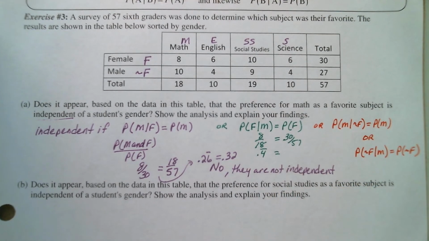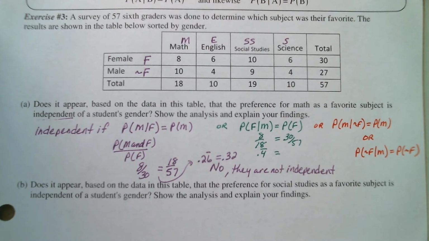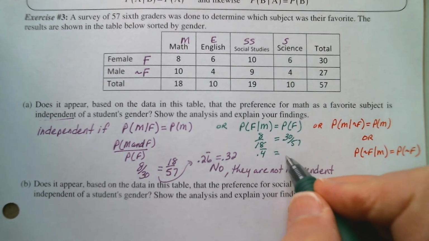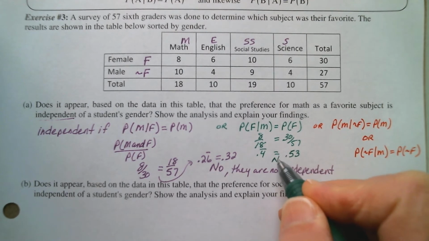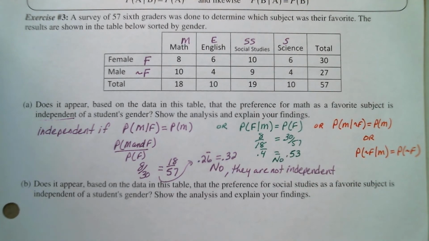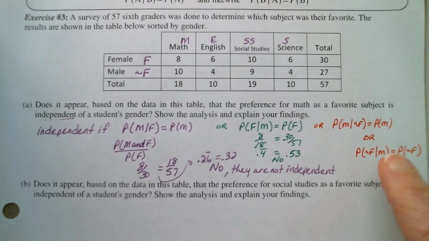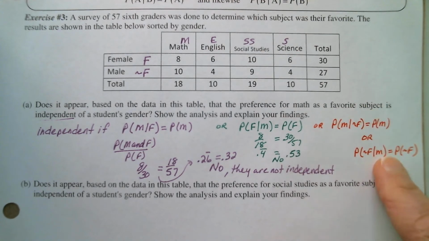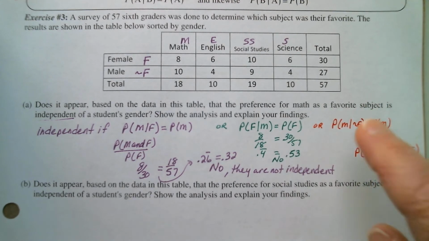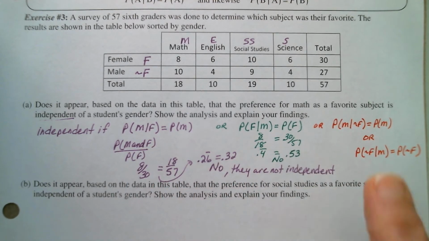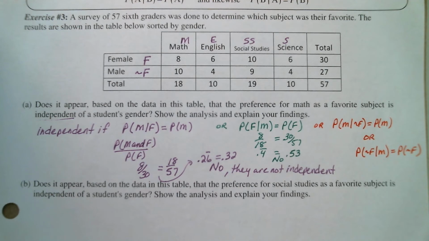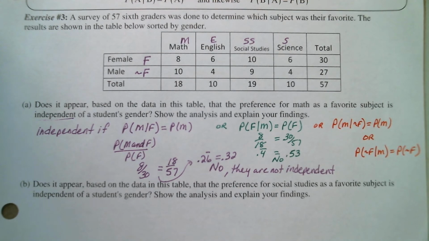Does that equal 30 divided by 57? 0.53 approximately. Again, this is a no also. And the same would happen if I tried any of these other two. You're going to get two different fractions than what we have here, but they are not going to be equal.